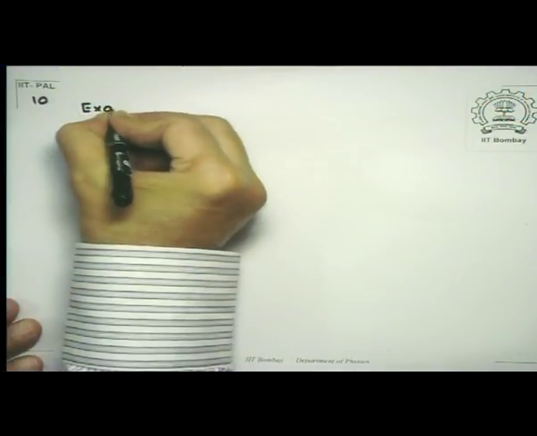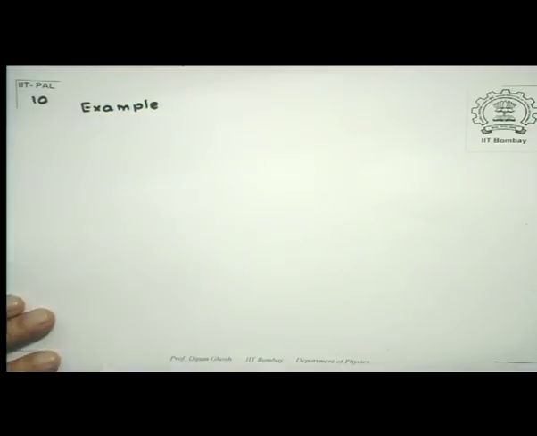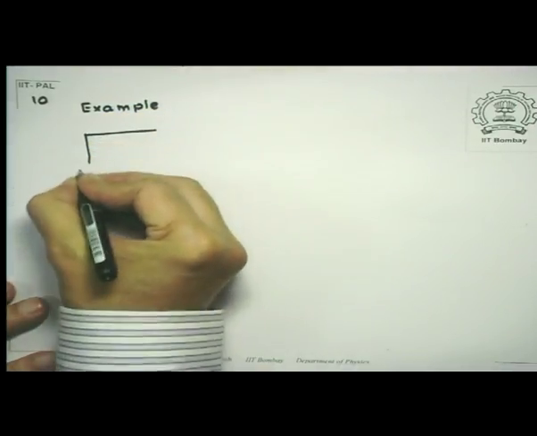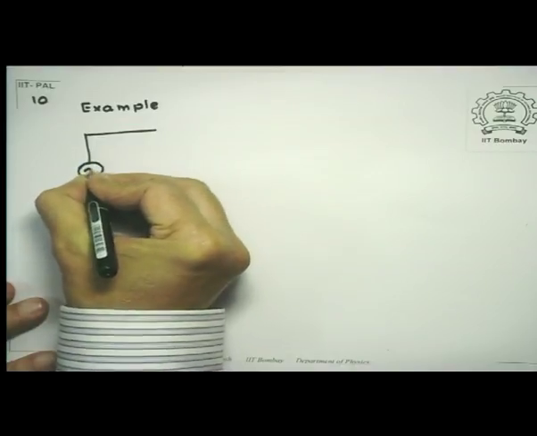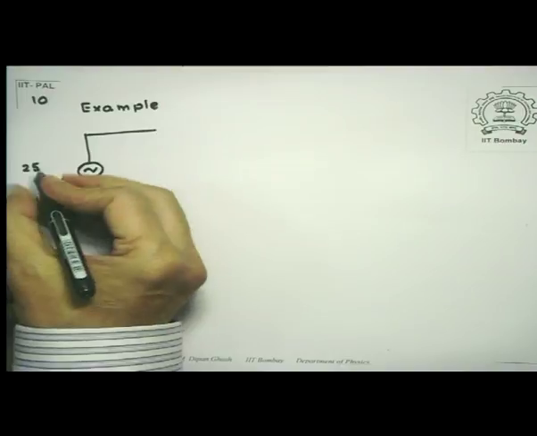Let me take an example very similar to what we did some time back for the inductive circuit. In fact, we'll take essentially the same example, but with a slightly different set of numbers. So what is said here is this, that I have a voltage source which is giving me maximum 25 volts.